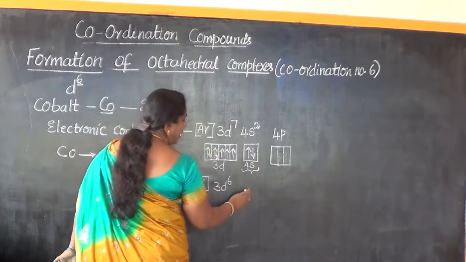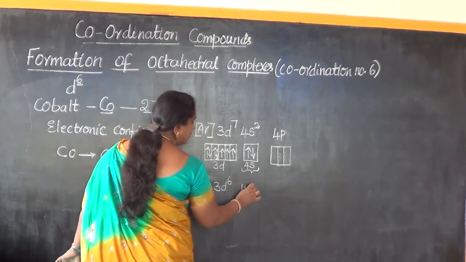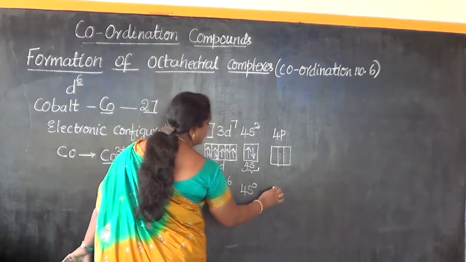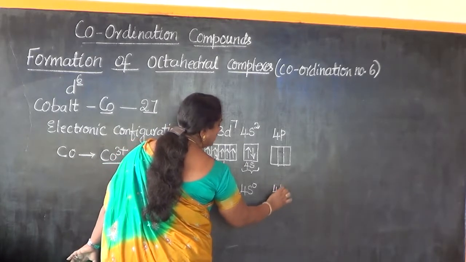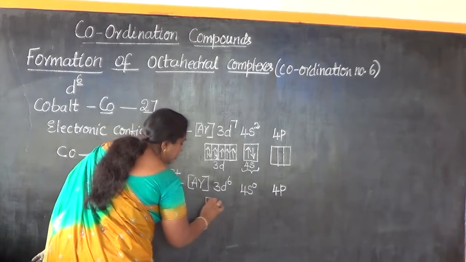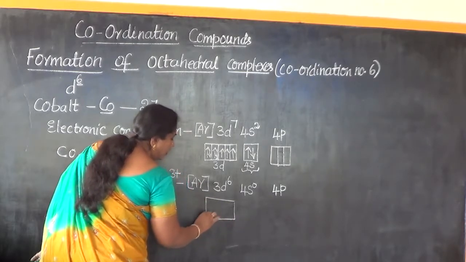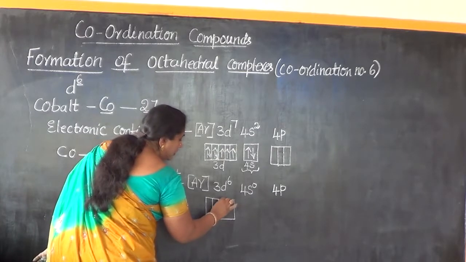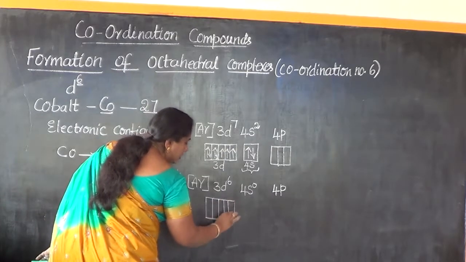Then 4s, both the electrons are lost, so 4s will be 0, and 4p is as it was, empty. So let me also draw the orbital diagram for the orbitals of d first.